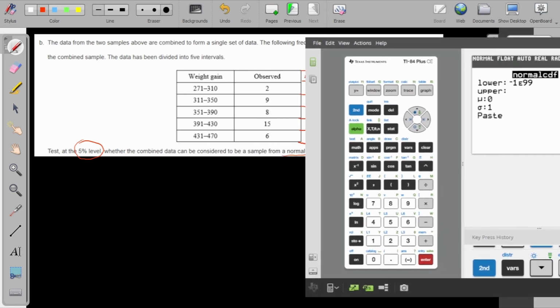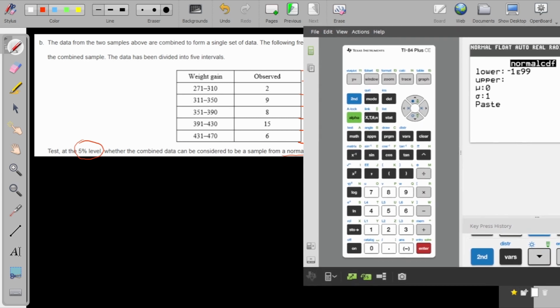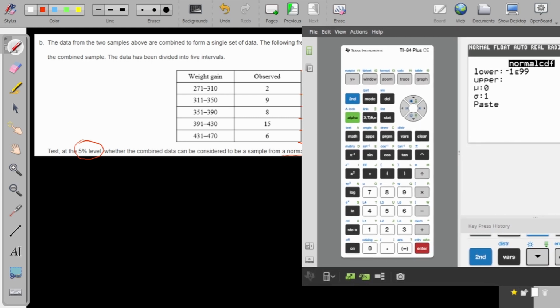So I have the expected here, I will write it down. Now I need to find the probability of what? If you see here, 271 up to 310, but to calculate the probability in an interval I should not exclude 271, because I want also 271, and I want also 310 as a value to calculate the probability.